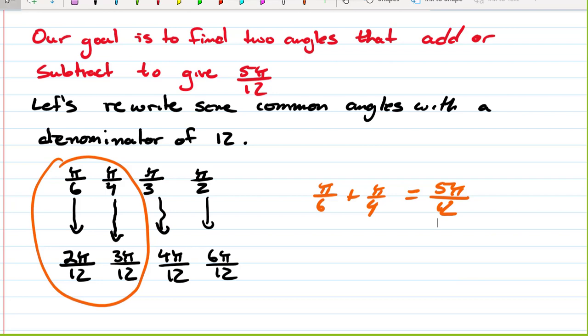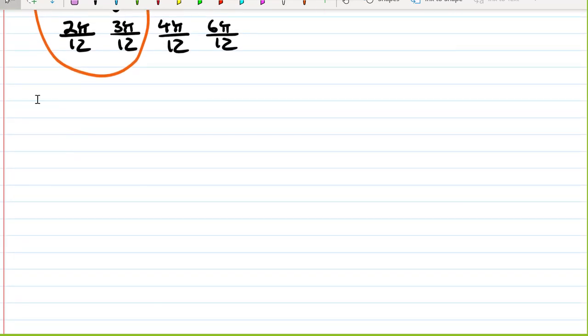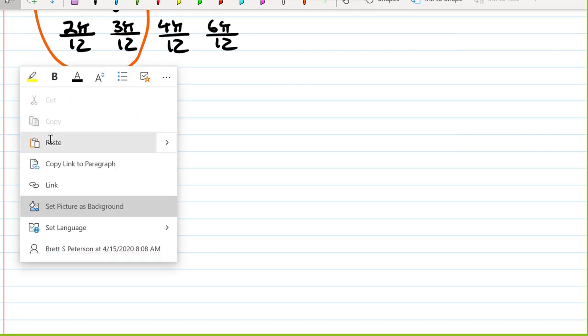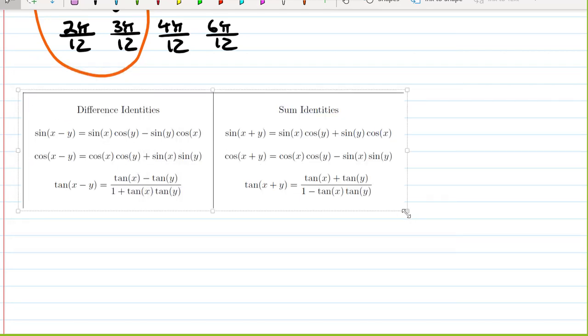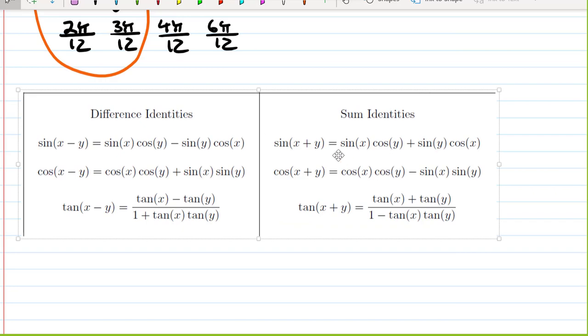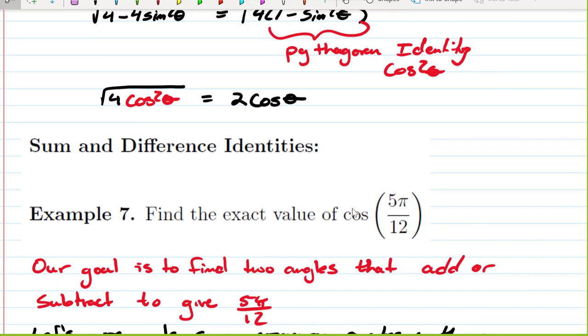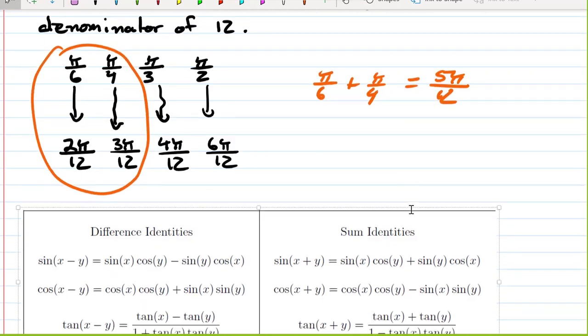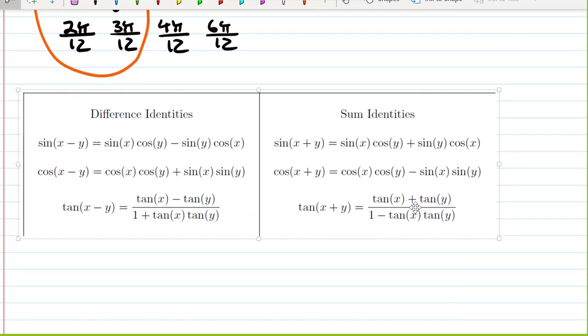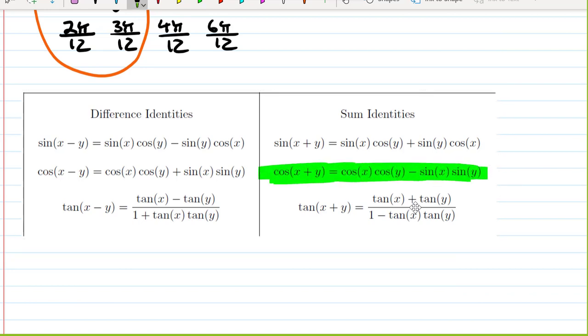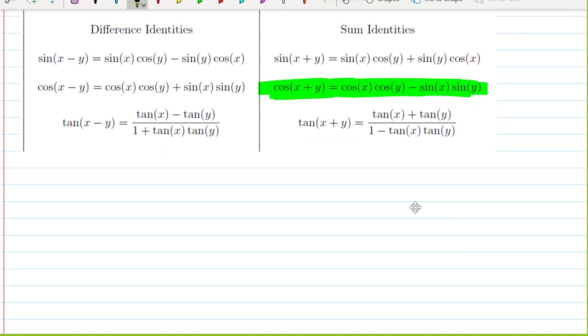So now we can use one of our sum or difference identities. Our goal is to find the cosine of 5 pi over 12, so we really want to use this identity right here.